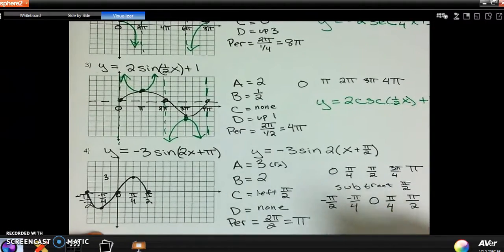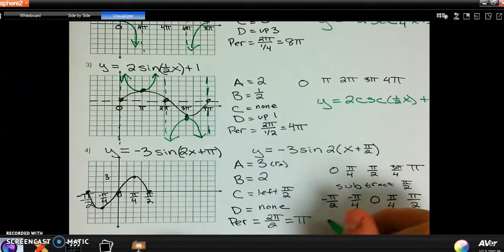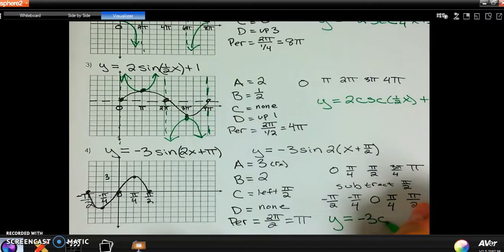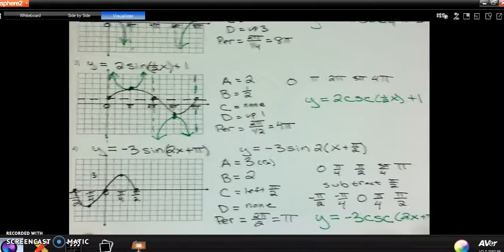Okay, and over here, I kind of ran out of room, but if I was asked to turn this into a cosecant graph, it's basically the exact same thing. With a cosecant, you would always graph the sine or cosine graph first, lightly if you can, in pencil or an opposite color perhaps.